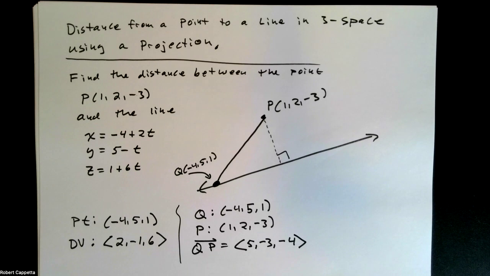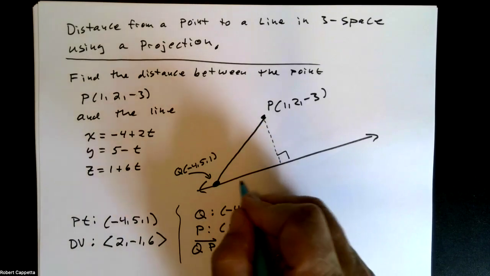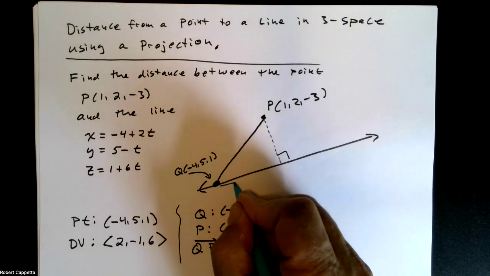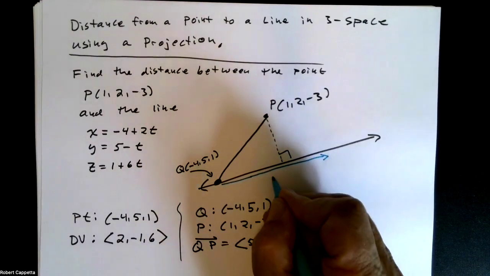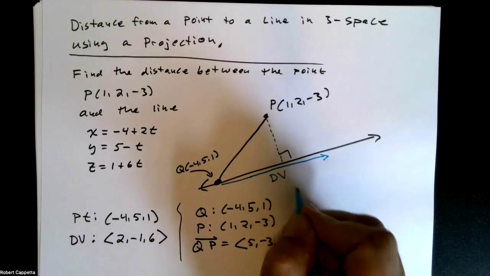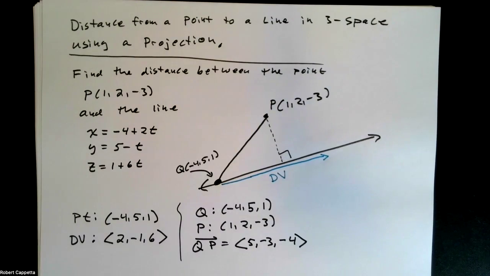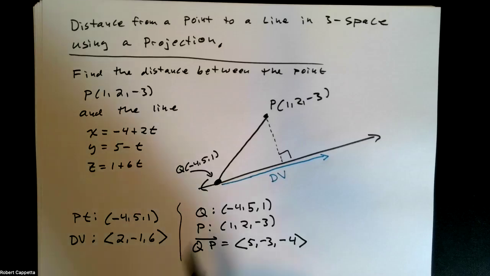So let's go ahead and give us a version of the direction vector. I like to assume it's bigger than it actually is, so let's say this blue thing is the direction vector. If I project QP onto the direction vector, I get an important piece, but not the distance.